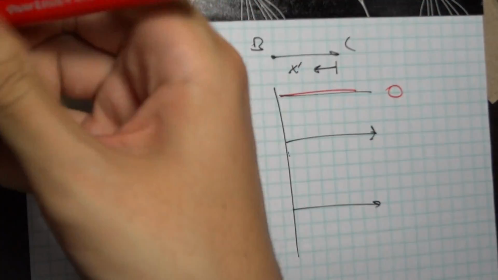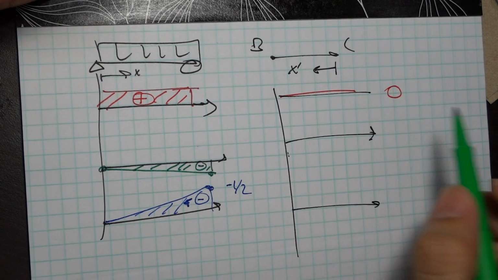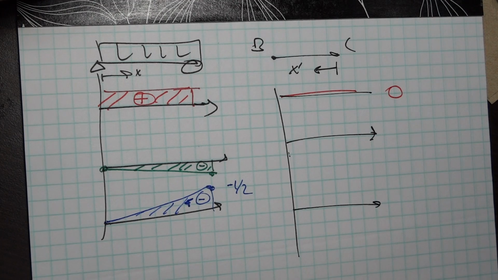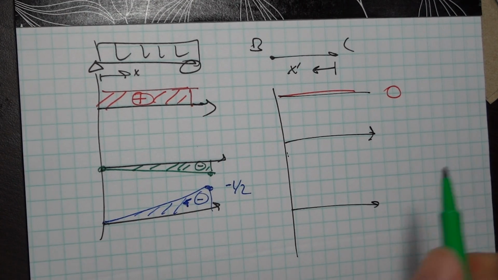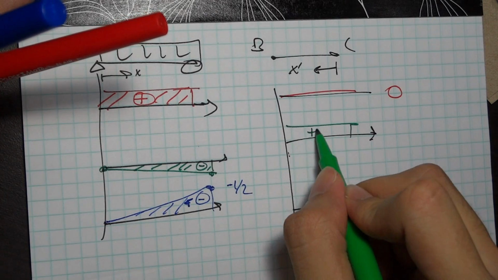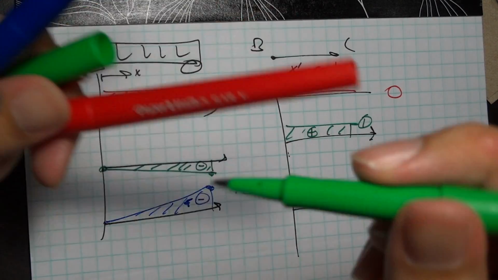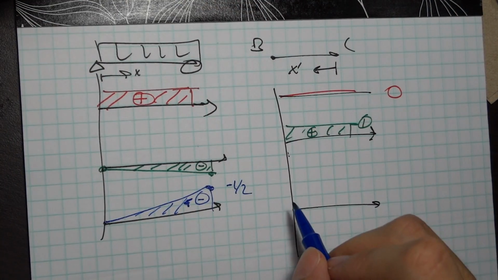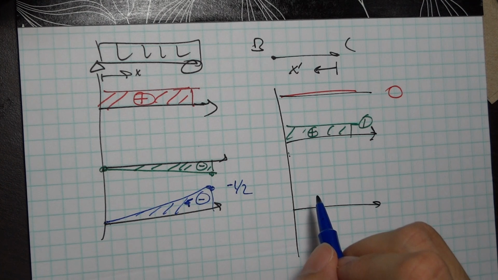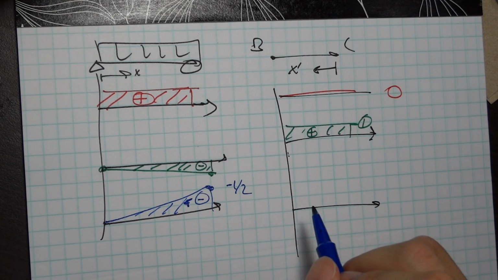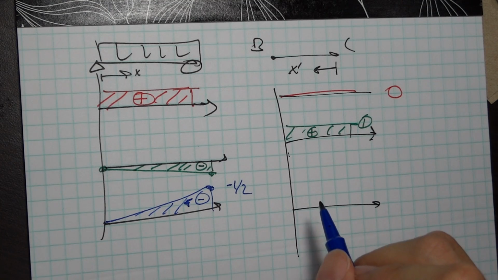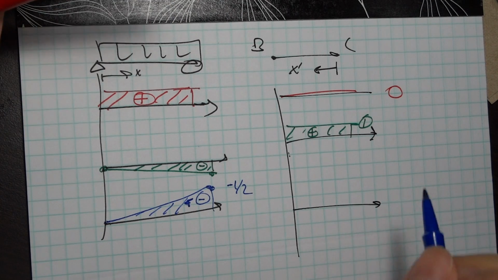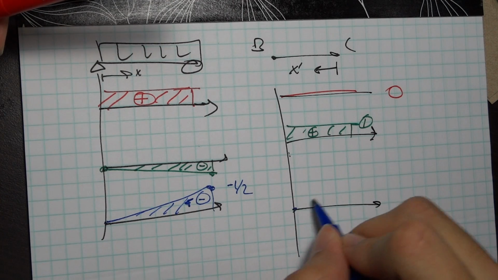Your shear force is going to be equal to +1, and your moment is going to be linear, and it's going to be negative from here.